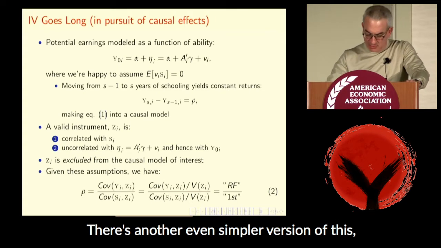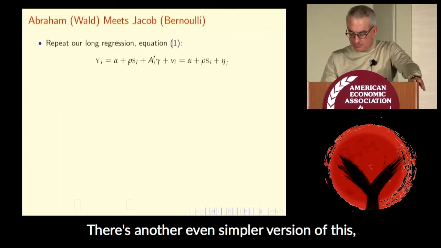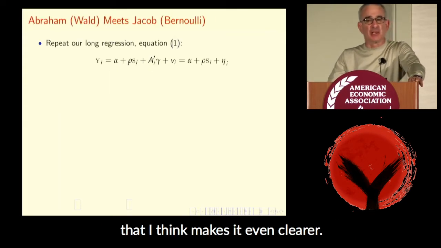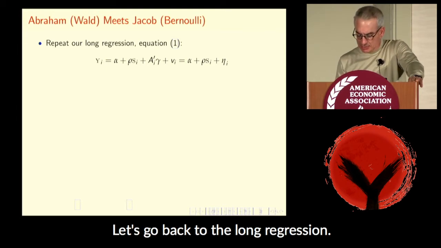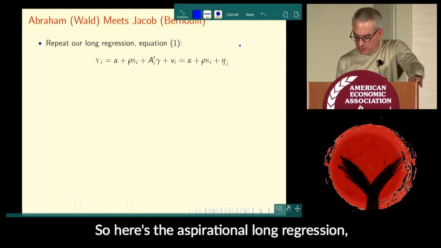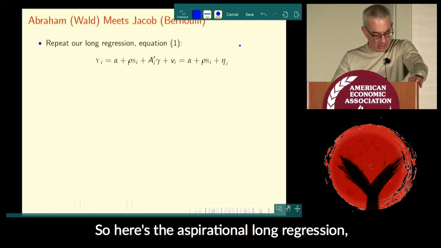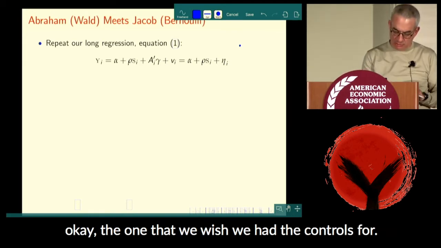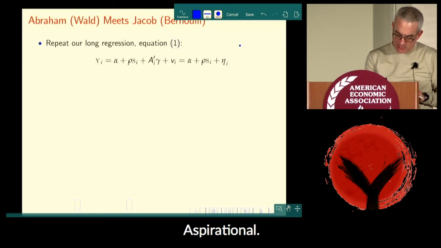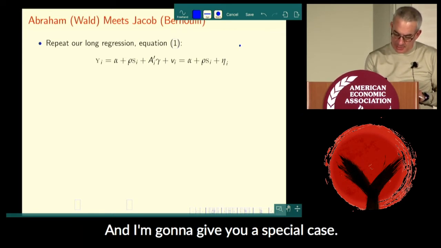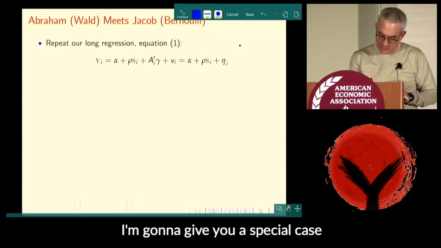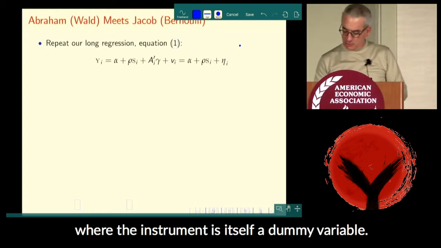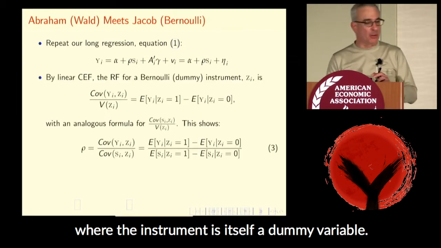There's another even simpler version of this that I think makes it even clearer. Let's go back to the long regression. So here's the aspirational long regression, the one that we wish we had the controls for. And I'm going to give you a special case where the instrument is itself a dummy variable.